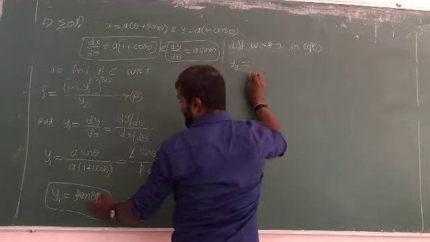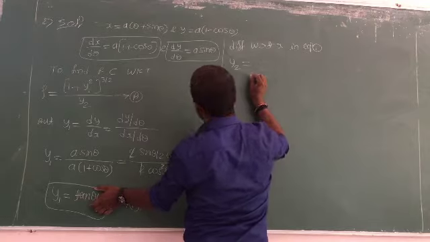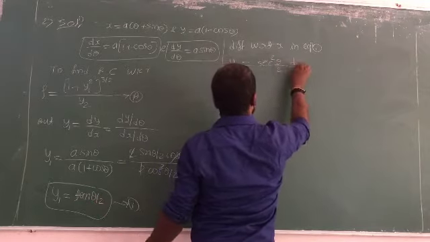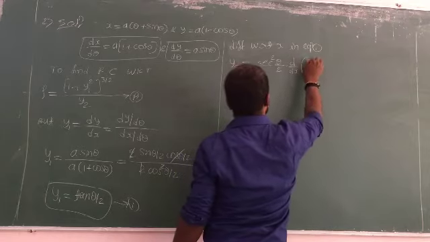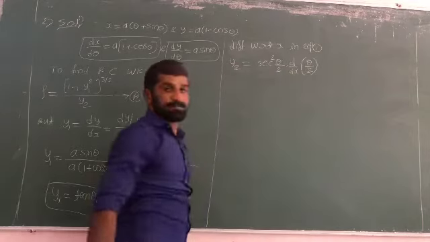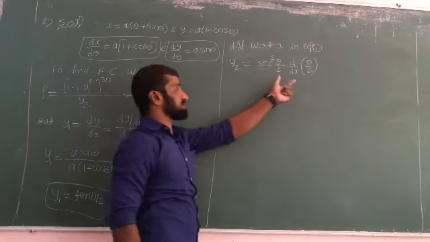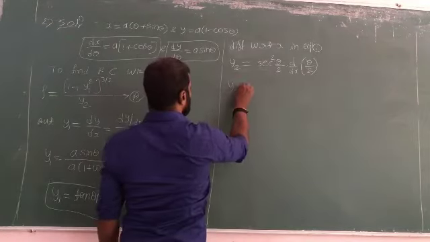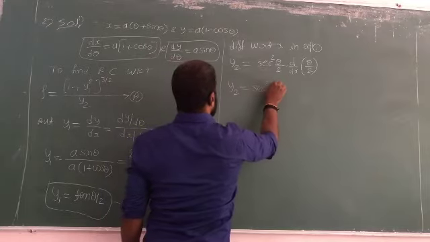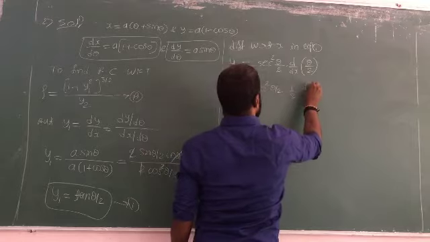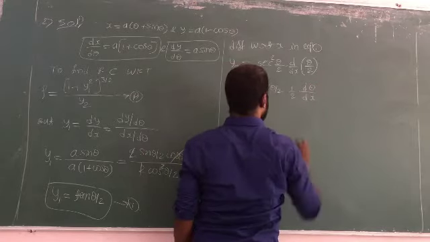Differentiating with respect to x: the differentiation of tan is sec square theta by 2 into the differentiation of theta by 2 in terms of x. So y2 is equal to secant square theta by 2; 1 by 2 is a constant, take it outside; and theta with respect to x is d theta by dx.